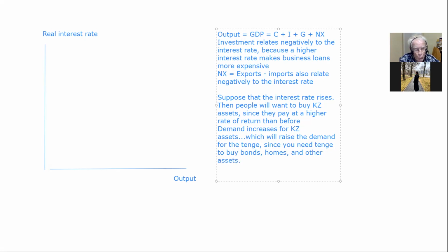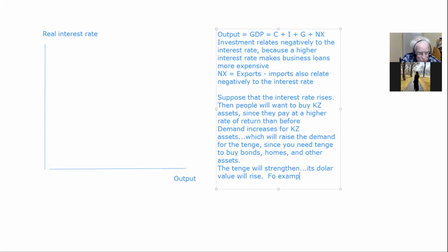Since people now are bidding more dollars for the tenge than before, the tenge will strengthen. That is, its dollar value will rise.